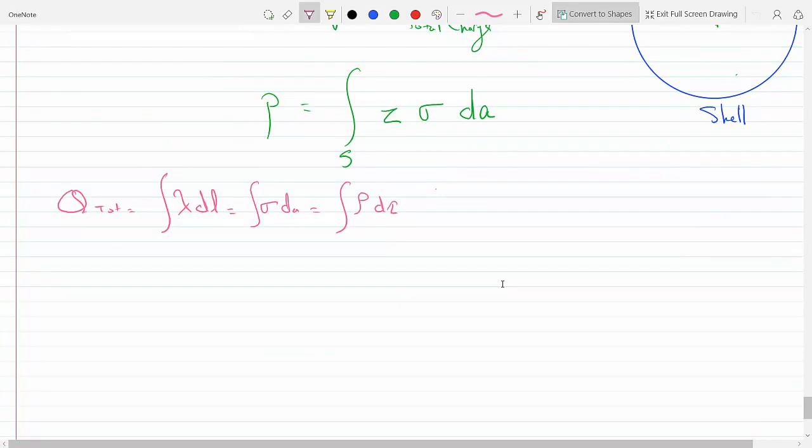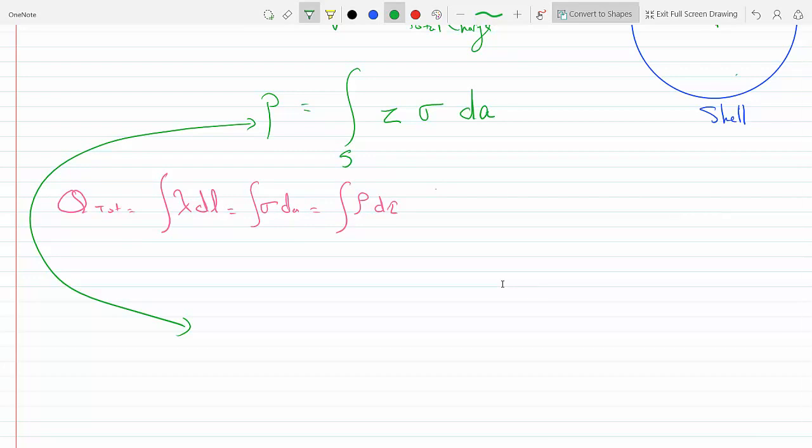Okay, so continuing on this here, P is equal to, now z is just R cosine theta, and we have sigma 0 cosine theta as the surface charge density, and then we have dA.